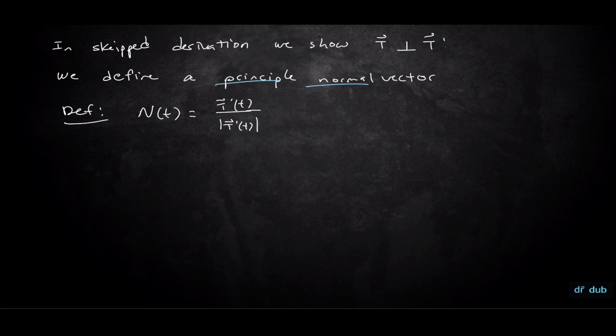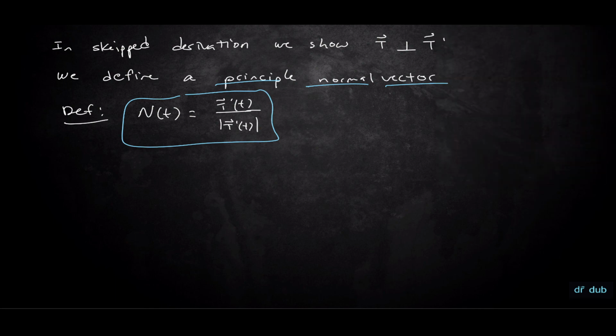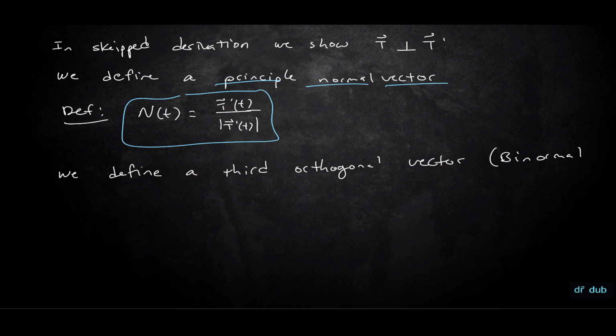So principal normal vector N of t. And then if we have T and N, there's actually a vector that is orthogonal to both of those, and we call that the binormal vector. So we define a third orthogonal vector, and we call it the binormal vector.